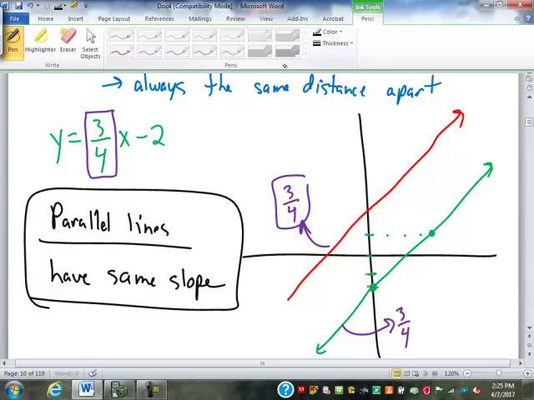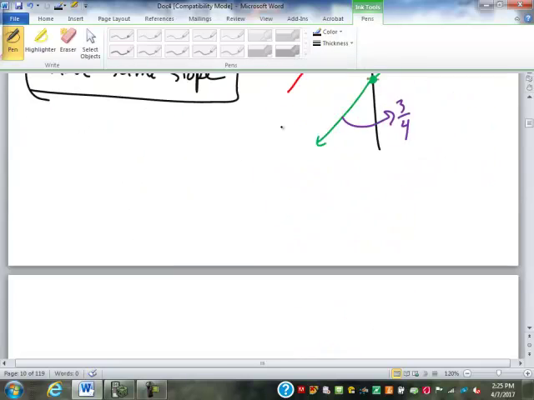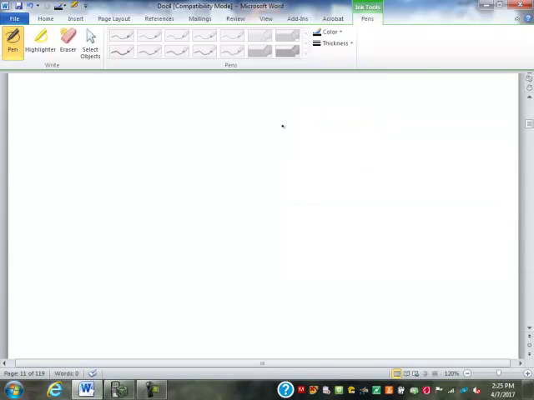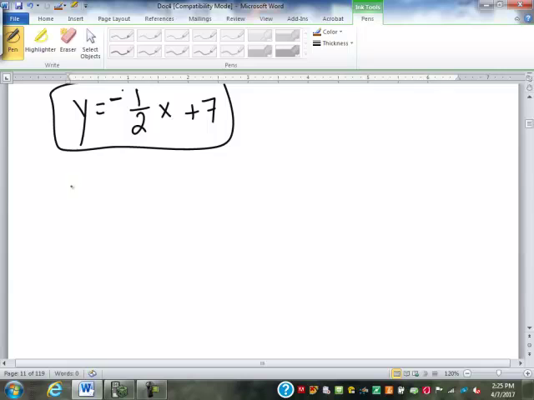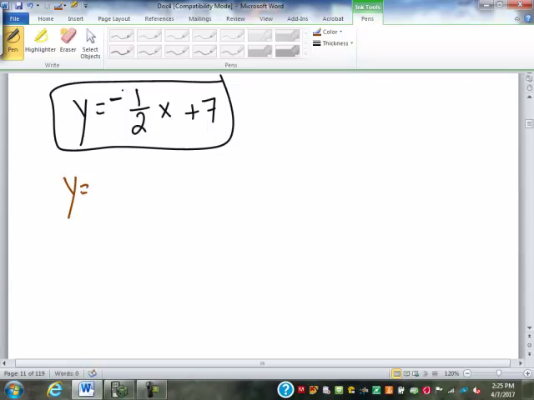So if I look at equations, you should be able to tell whether they're parallel. If I give you the equation y equals negative 1/2 x plus 7, and if I give you the equation y equals negative 3 minus 1/2 x, is that parallel to that first equation?